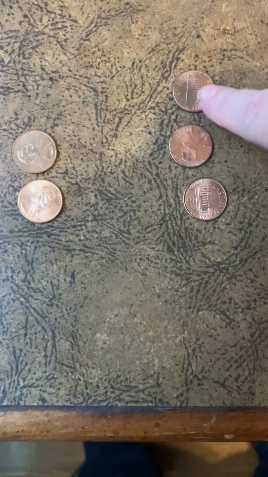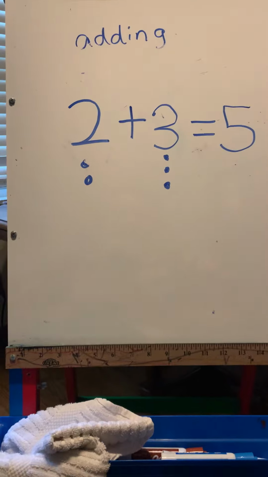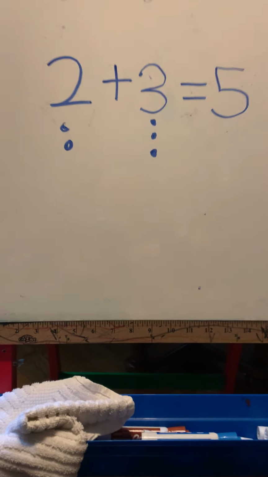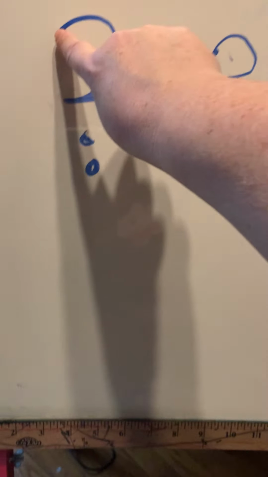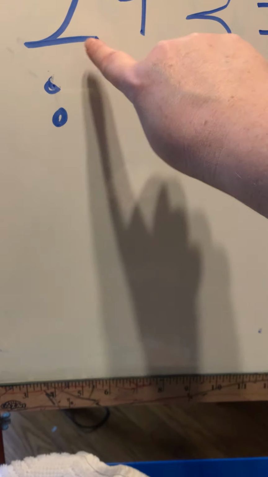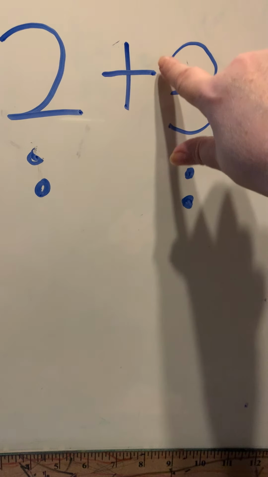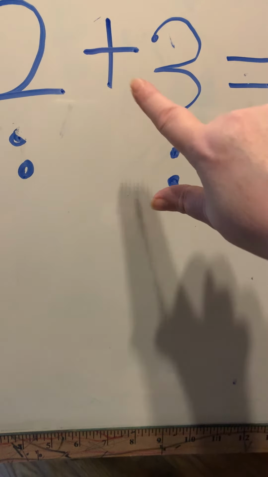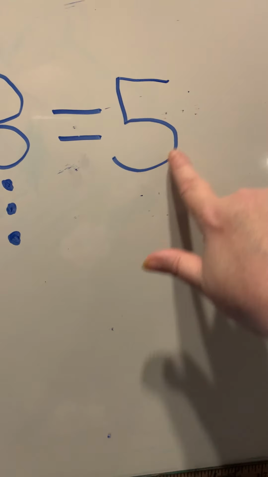And I could count my pennies. 1, 2, 3, 4, 5. 2 plus 3 equals 5. 2 over, down, over, plus 3 around, around. This equals 5. Over, down, around.